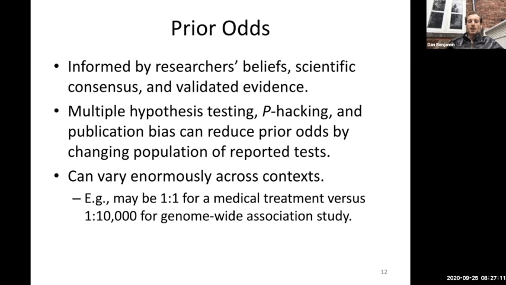In another context, like the genetic work that I do, where you're scouring the genome and there are thousands of potential genetic variants and only some of them matter for a trait you're interested in, the prior odds might be 1 in 10,000. So it's really going to matter a lot, and you can think about it for the kind of research that you do. What's the likelihood that there really is the kind of effect you're looking for?